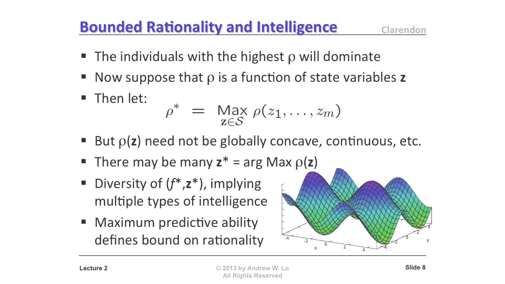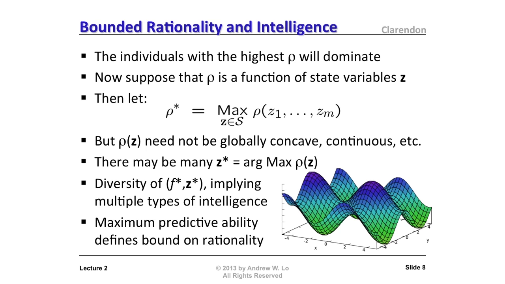Now, in general, you can't get correlation equal to 1. There are certain physiological constraints that limit you from being able to predict perfectly what your reproductive success is going to be. So, in particular, the individual with the highest rho, whatever that is, will dominate.